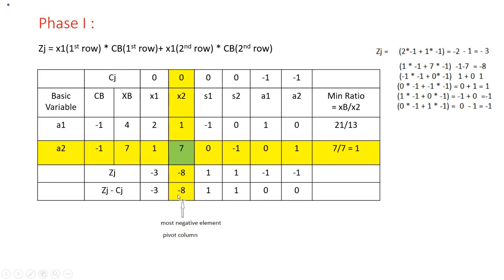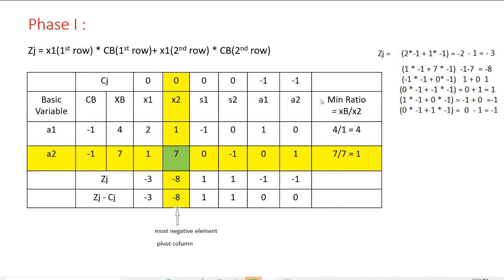After finding the pivot column, find the pivot row. Find the minimum ratio of XB divided by x2. XB is 4 and 7, and x2 is the pivot column value. So we get 4 divided by 1 equal to 4, and for the second row, 7 divided by 7 equal to 1.